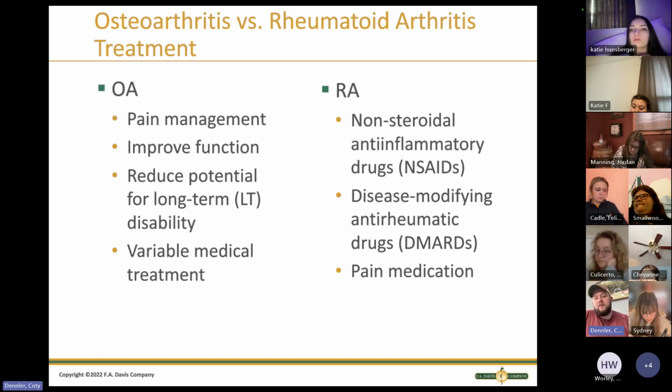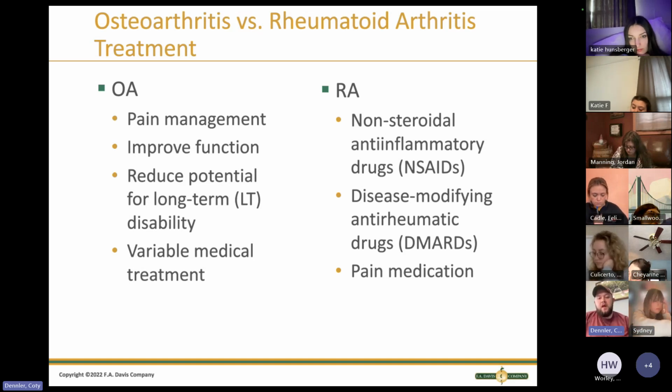For RA, they will more than likely start them on an anti-inflammatory drug. NSAIDs, these are non-steroidal. These are things like Advil or things like that. Ibuprofen. Disease-modifying rheumatic drugs, or DMARDs is what you'll hear them called.